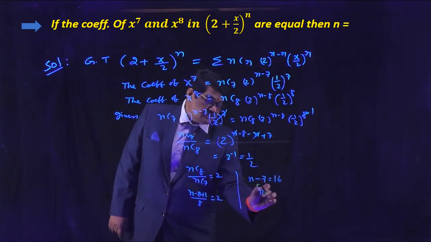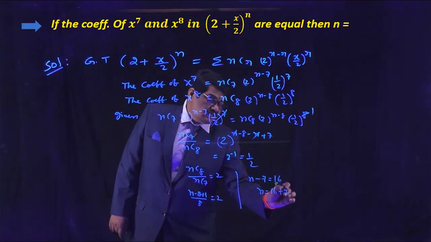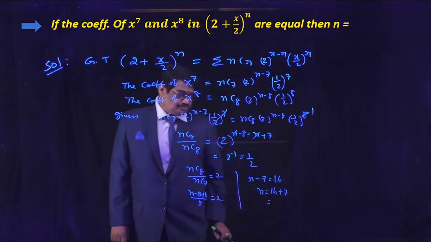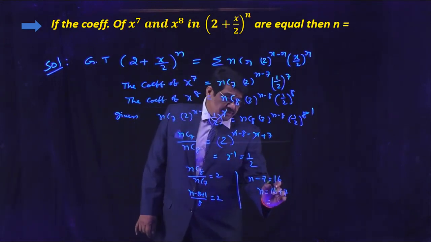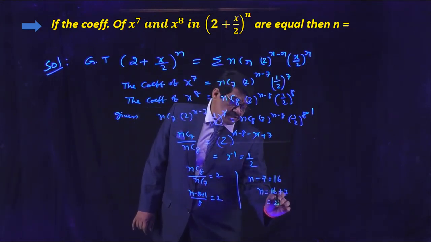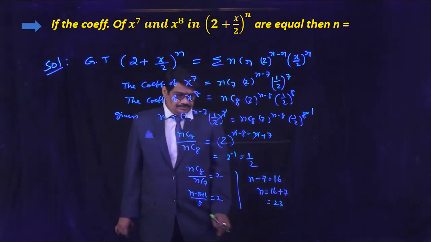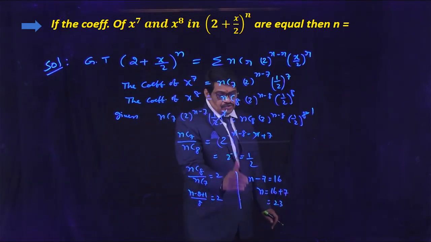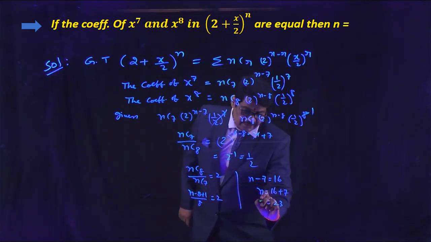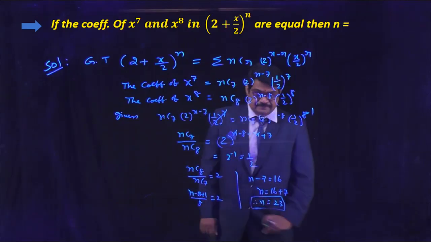That is n is equal to 16 plus 7, that is 23. The n value we are obtaining here, therefore n is equal to 23.